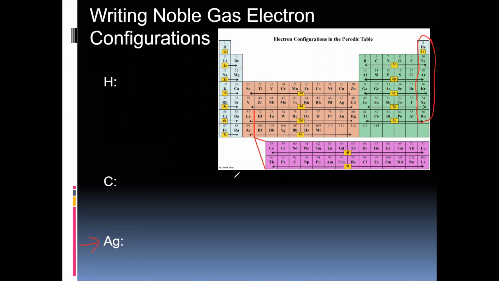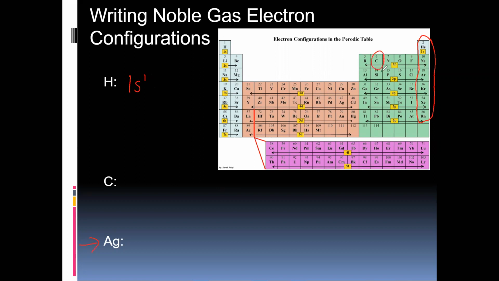All right. Some of these electron configurations change based on where their noble gas is. Some of them don't really. So I'll show you what I mean by that. Hydrogen does not have a previous noble gas. There's nothing before hydrogen. So hydrogen's electron configuration would remain the same as 1s1.